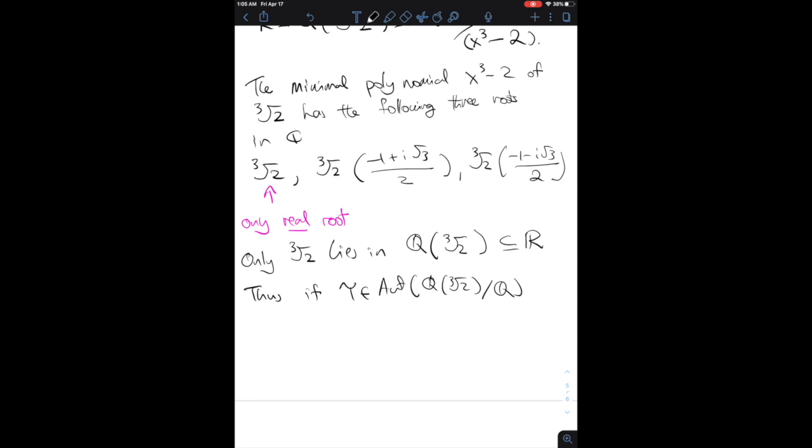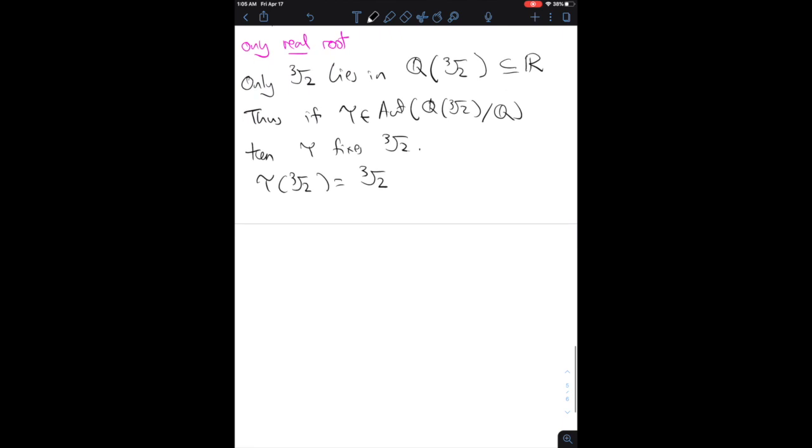And secondly, since it's an automorphism of a subfield of the reals, it has to take that element to another real number. So the only possibility, since we only have one real root, is that tau fixes the cube root of 2.